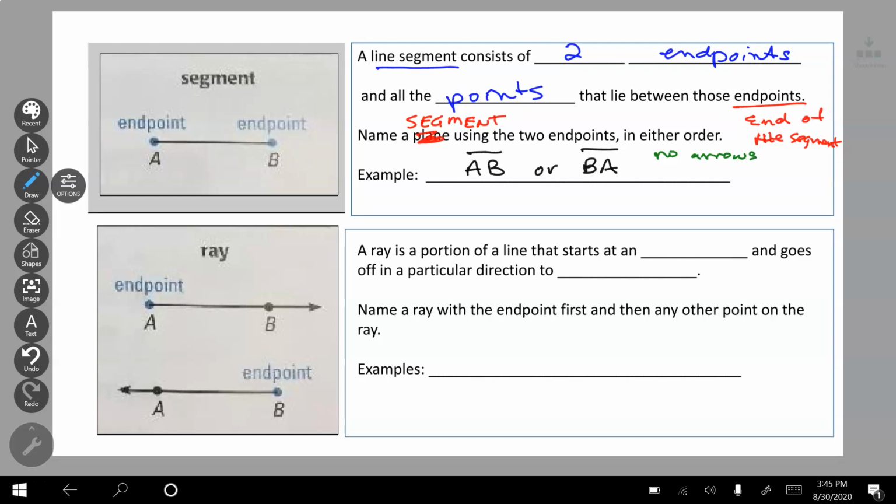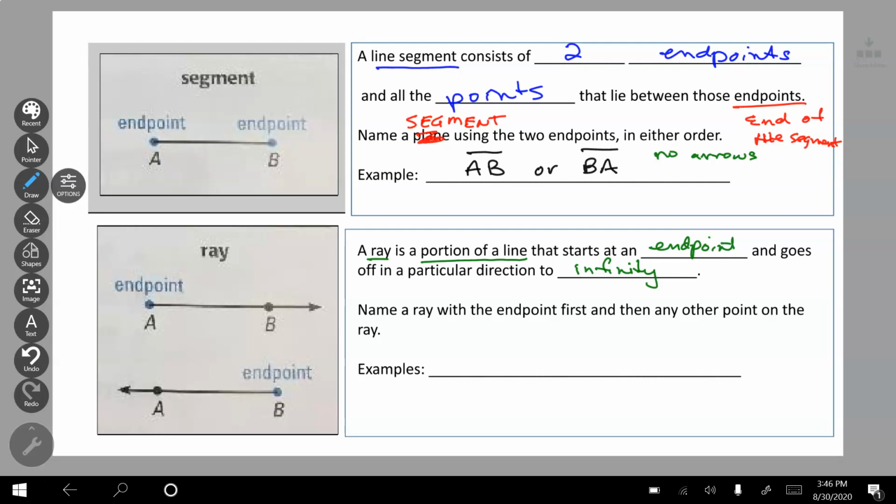The next idea is something called a ray. A ray is a portion of a line that has an endpoint and goes off in a particular direction to infinity. So it starts at some endpoint and just goes on forever. A line goes on forever in both directions. A ray goes on forever in one direction.